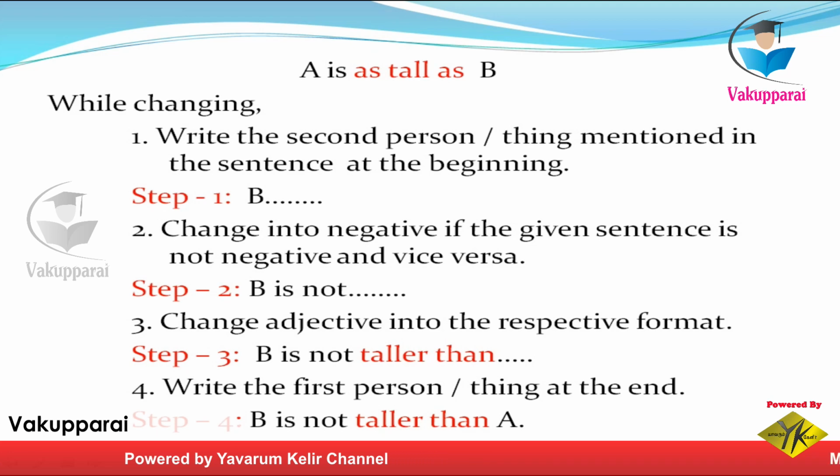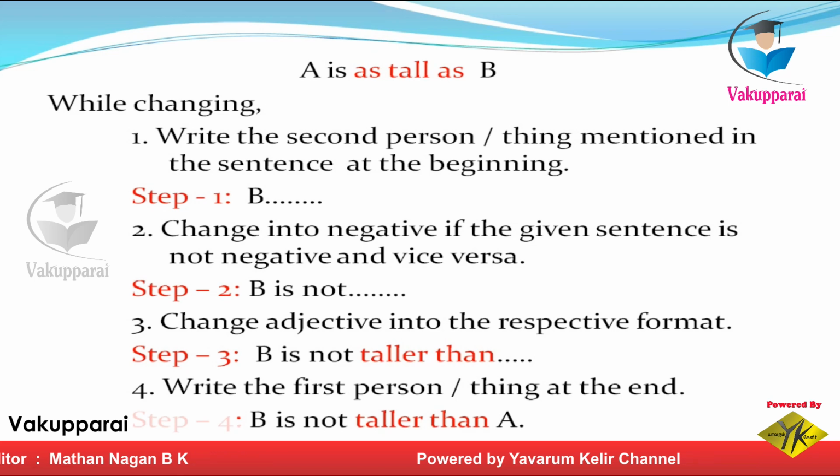So in this sentence, A is as tall as B, is not a negative sentence, isn't it? There is no not or never, likewise there is no negative term in the sentence. So we have to mention not here. B is not. So the changing sentence should be in negative.